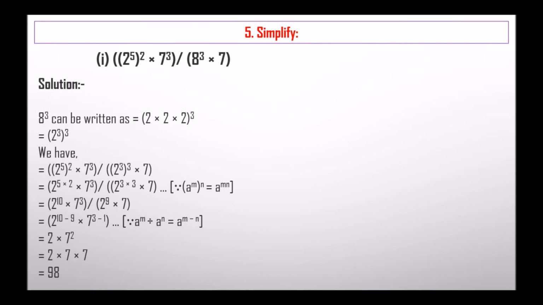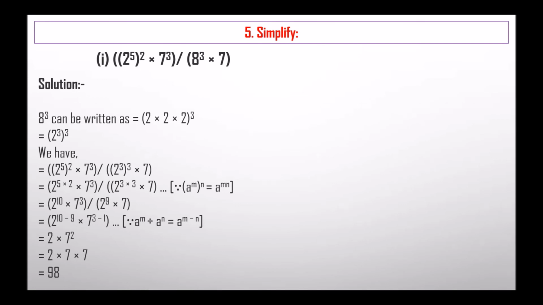Fifth, simplify. 2 raised to 5 whole square into 7 cube, divided by 8 cube into 7. 8 cube can be written as 2 cube whole cube. So 5 into 2 into 7 cube divided by 3 into 3 into 7.